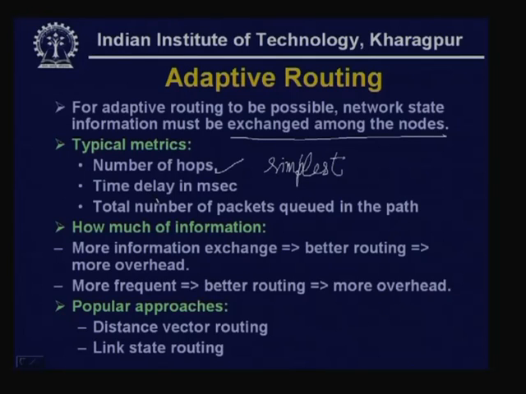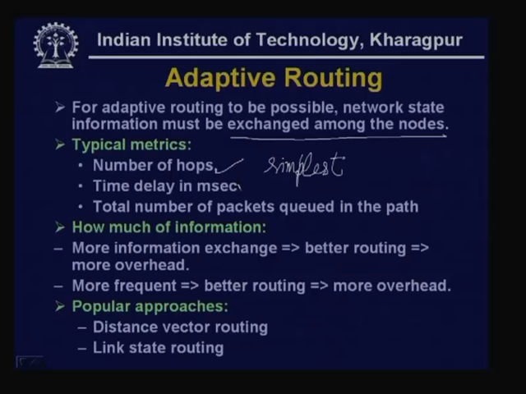The second metric that can be used is the time delay in milliseconds. However, how do you get information about the time delay? One representative of this time delay information is the queue length. One can use the queue length for each outgoing link towards a particular node.